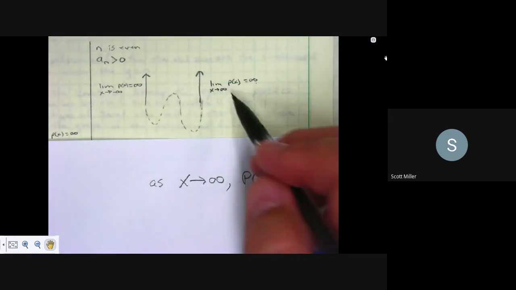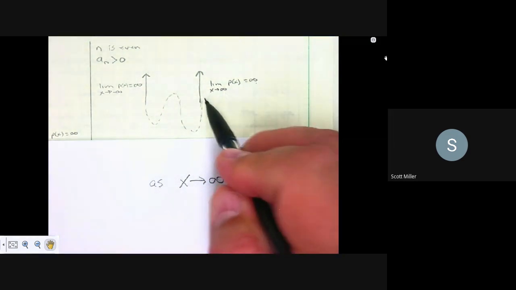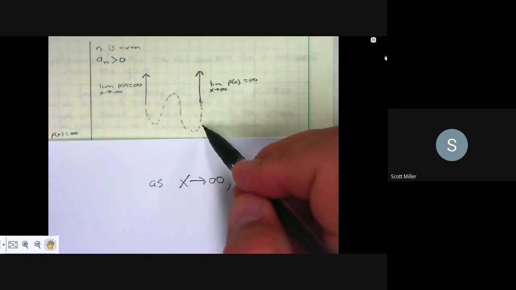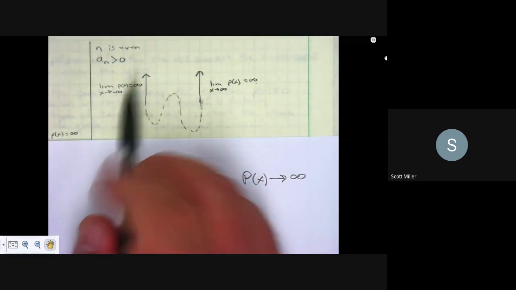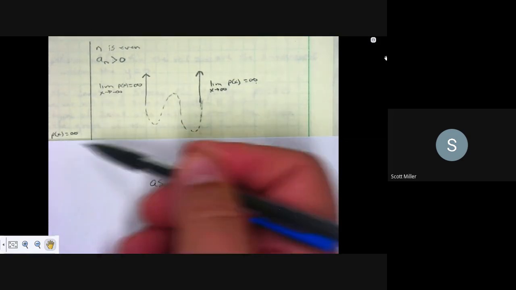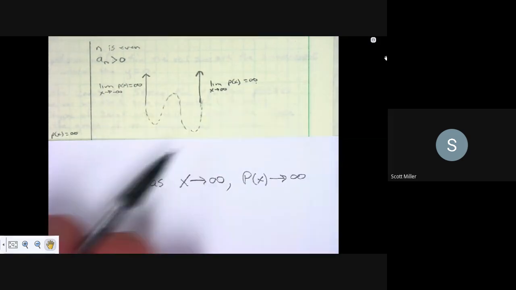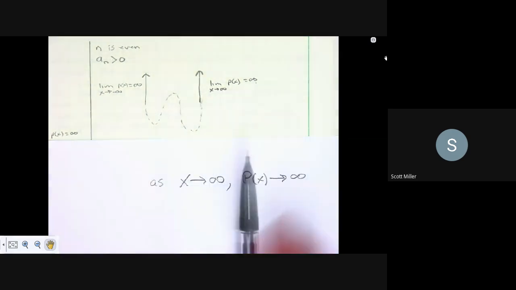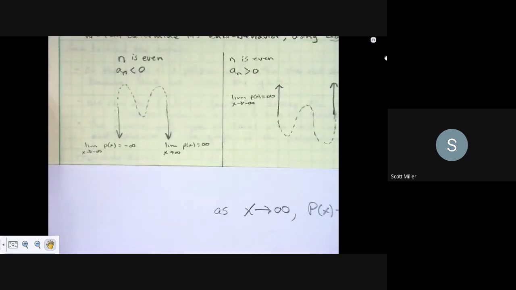Okay? So intuitively, the right side is going to go up, the left side is going to go up. To display the left side, you're going to use negative infinity. So the left on the x-axis is negative, the right is positive, up is positive, and down would be negative. If you look over at this one, you can see the notation.